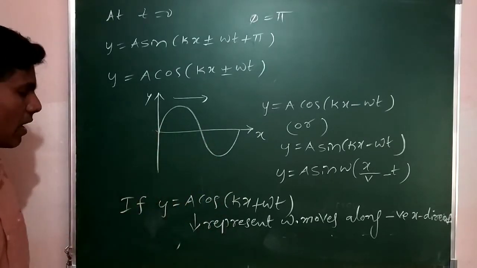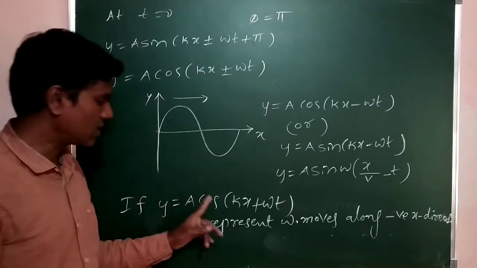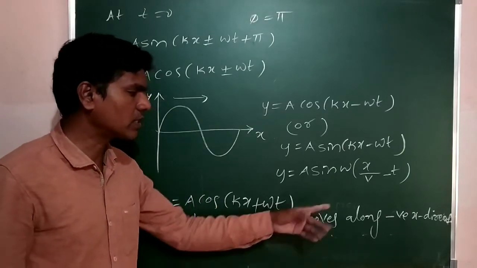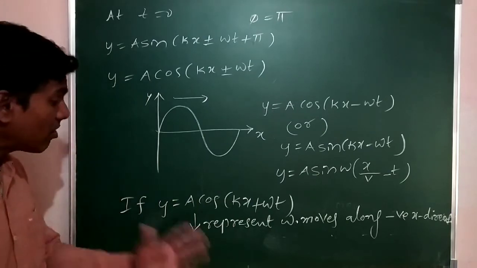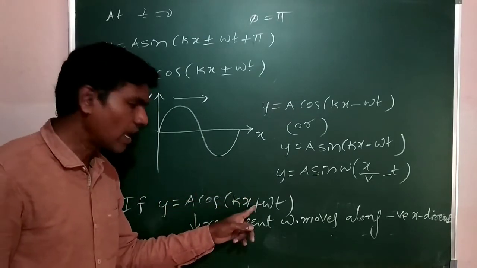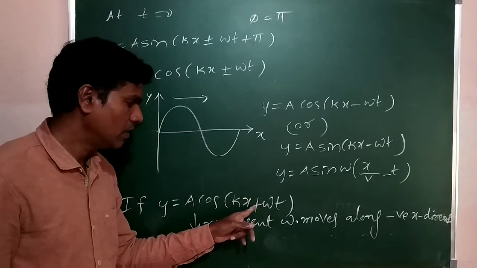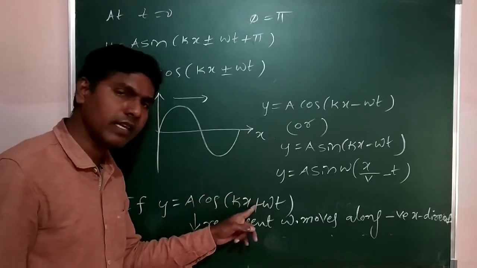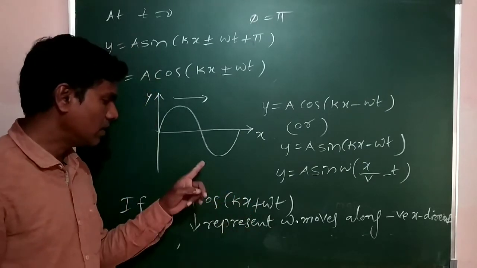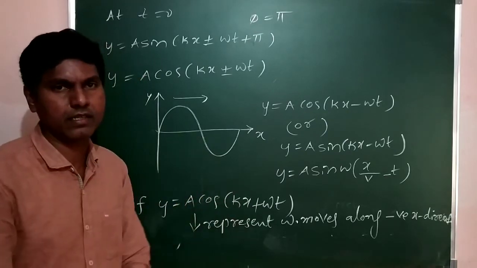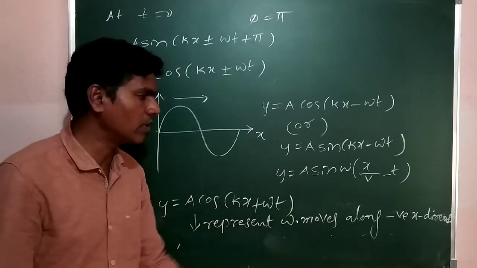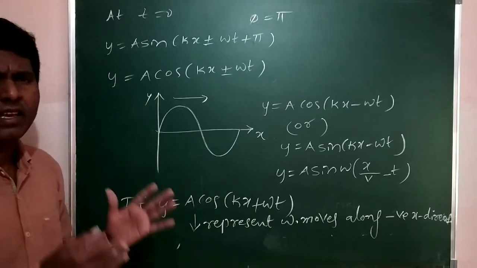Because the plus sign is indicated here, this equation represents the wave moving along the negative x direction.